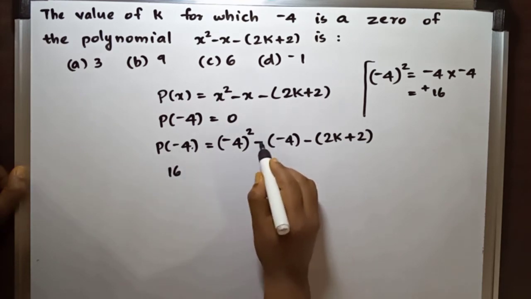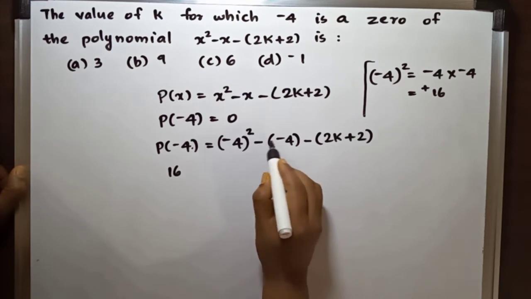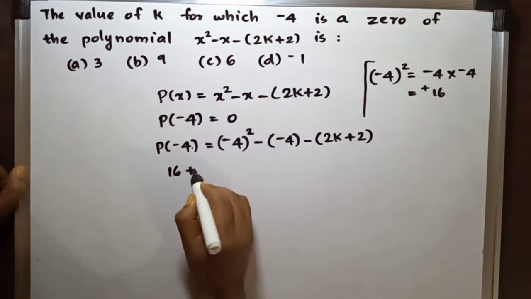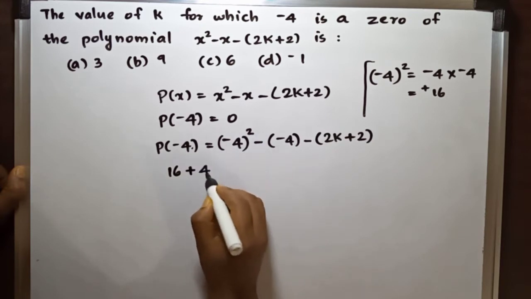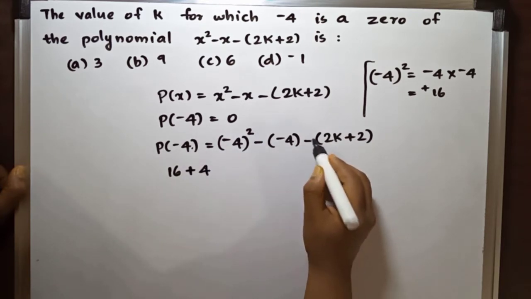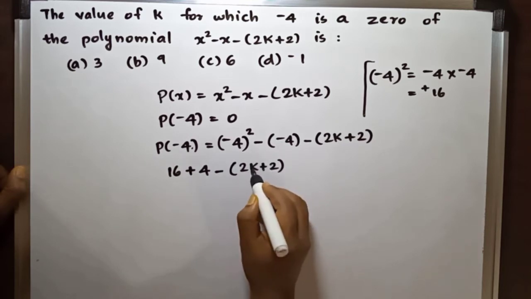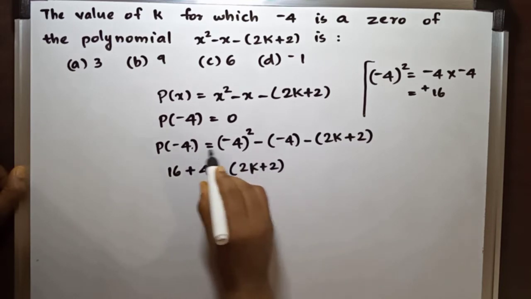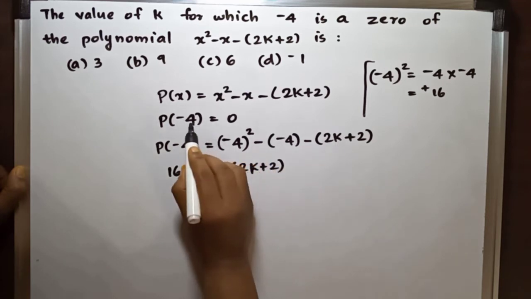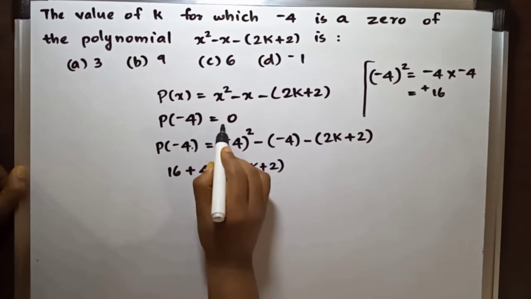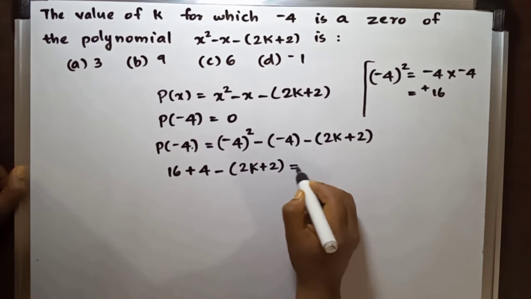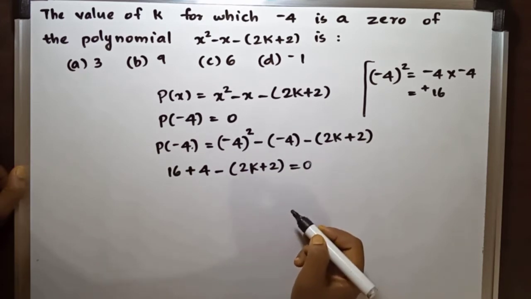Now, minus of minus. Two negative symbols are coming together. Minus of minus means positive. Plus 4. Now, minus 2k plus 2 is already there. This is p of minus 4 and we have written that p of minus 4 is 0, so this is equal to 0.